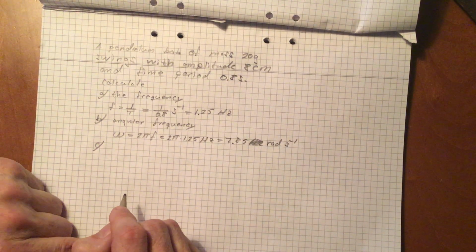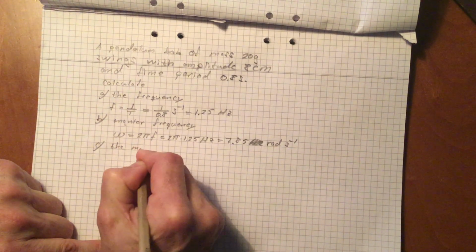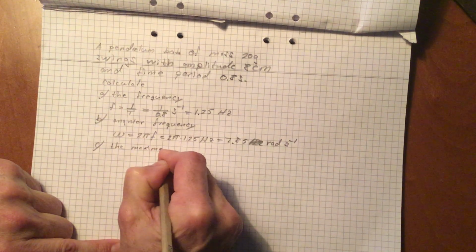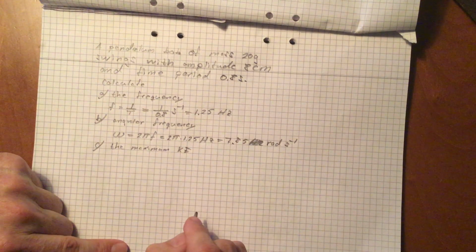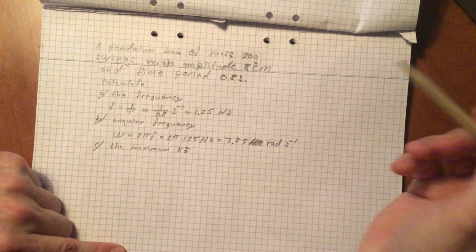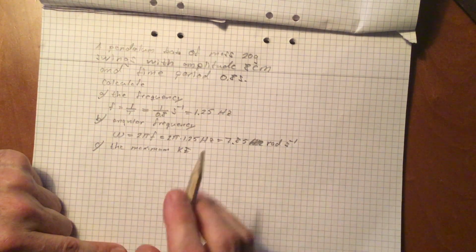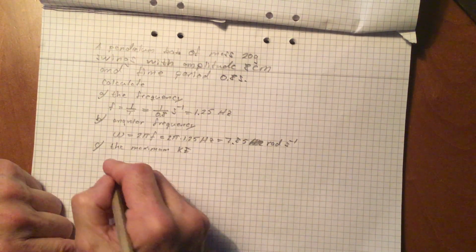Okay, calculate the maximum kinetic energy. So take your time and do it. You might need to look on the other side to remember the formula, or you can look in your booklet and see if you can find it.